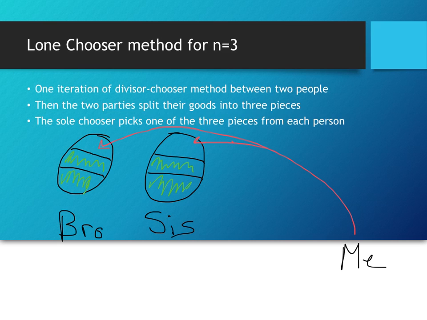And because I get to pick 2 piles out of 6, one from the brother and one from the sister, I'm guaranteed that I get at least 50% of the goods in my own eyes. Okay? So that's basically what's happening with the lone chooser method when there are 3 people.